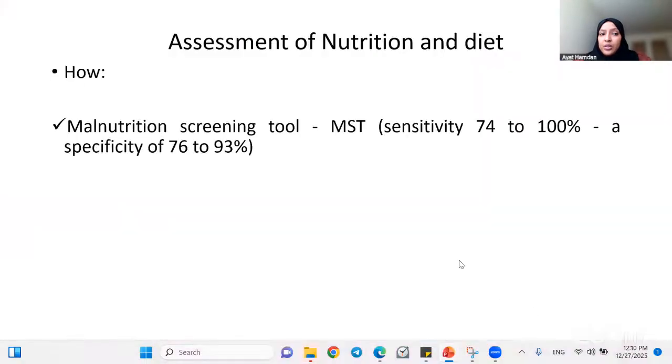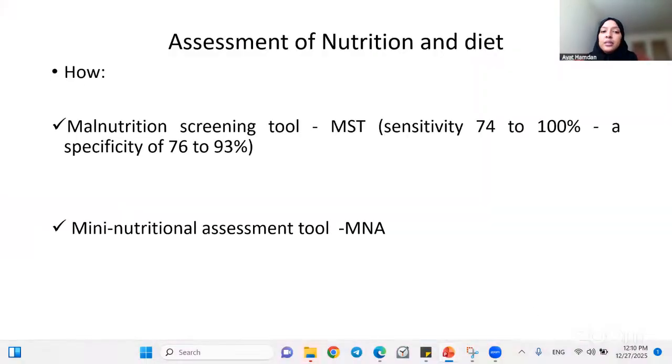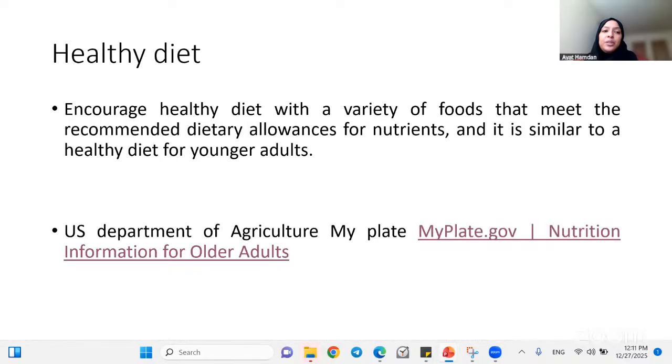So going back to our assessment, mainly 2 tools. If you don't have those tools, or sometimes in a basic clinic you can't ask those questions, it's okay. Just go over the vitals and see if there's any recent weight loss. If no, it's okay. If there is weight loss, you might want to go into details about those tools and other steps we will mention.